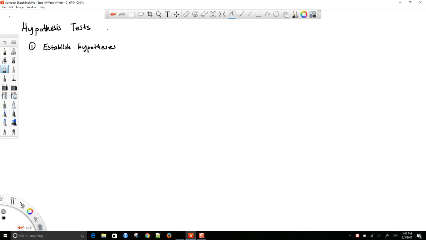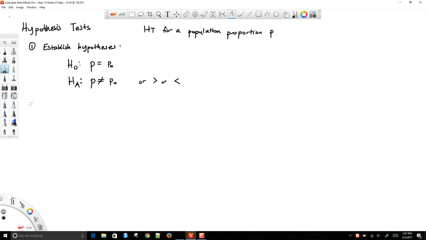On Wednesday, the type of hypothesis test was a hypothesis test for a population proportion P. So in part one, where you establish your hypotheses, the null hypothesis, when we're doing a hypothesis test for a population proportion P, was that P is equal to some value P0, and then the alternative is that P is either greater than or less than or not equal to P0, okay?